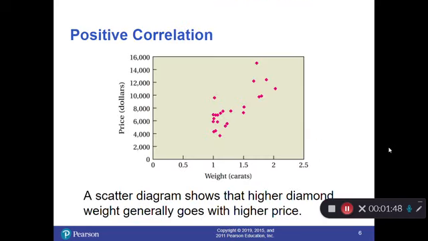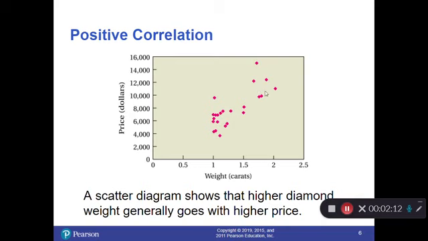Here's an example of a scatter plot that has a positive correlation. On the horizontal axis, we have the weight in carats of diamonds, and on the vertical axis, we have price in dollars. It looks like as the weight of the diamond goes up, the price also goes up, right?